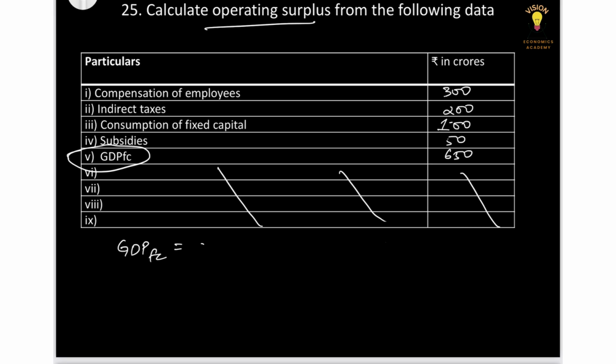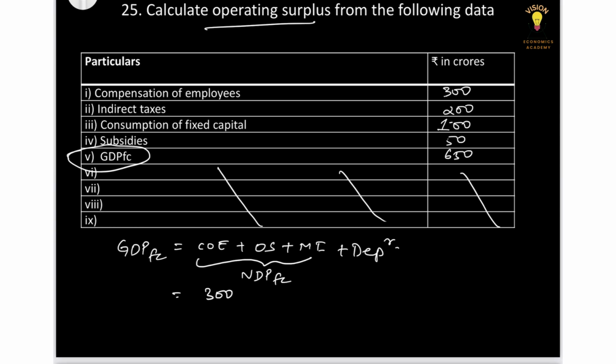GDPFC equals compensation of employees plus operating surplus plus mixed income of self-employed, which will give us NDPFC. From FC to FC we don't have to do anything. Net to gross is plus depreciation. Now compensation of employees is 300 plus operating surplus is what we have to find.